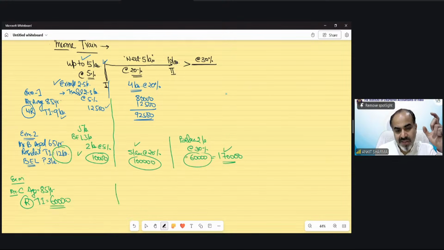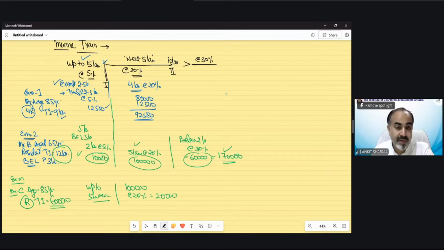Now if you see, out of this 6 lakh rupees, up to 5 lakh is exempt. So only 1 lakh will fall in this category and the rate would be 20%. So tax would be 20,000 rupees. Whether rebate would be applicable, the answer would be no, because rebate can be applicable only up to 5 lakh rupees. So at 6 lakh rupees, there would not be any rebate.